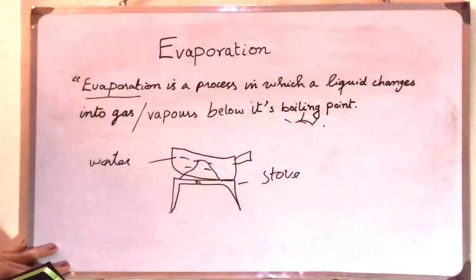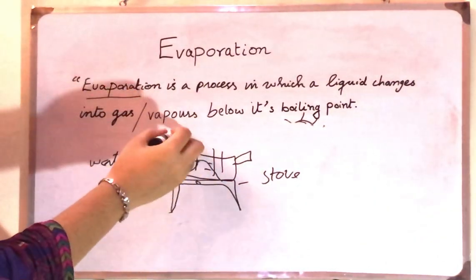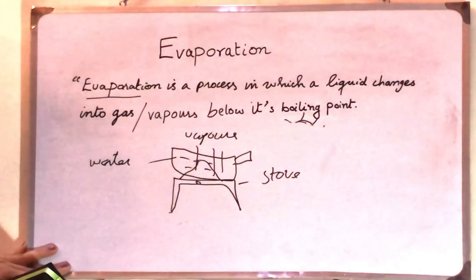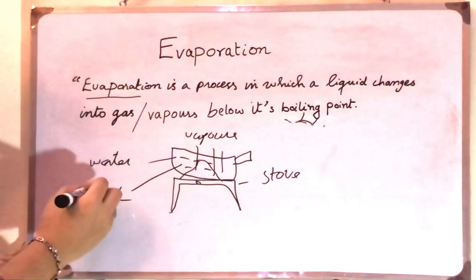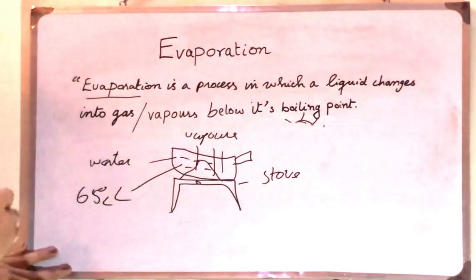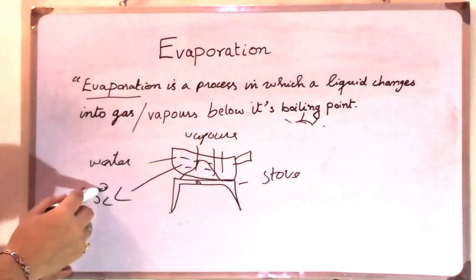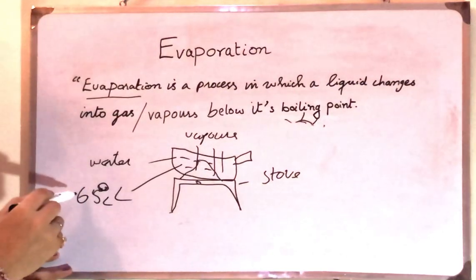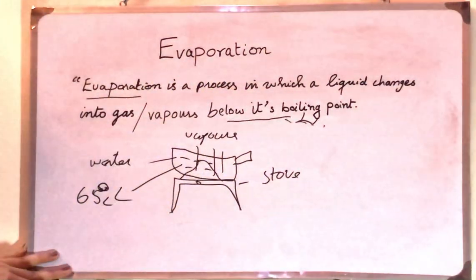The water starts to convert into vapor form and starts to rise up. In this case, just suppose the water is evaporating at 65 degrees Celsius instead of 100, its constant value. So this is known as evaporation, like water is boiling at 65 degrees Celsius. This is evaporation because it is below its boiling point.